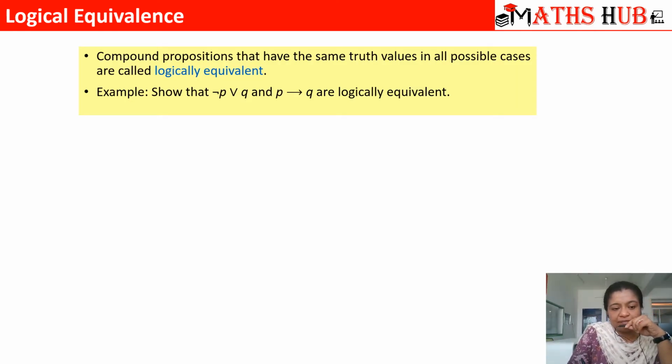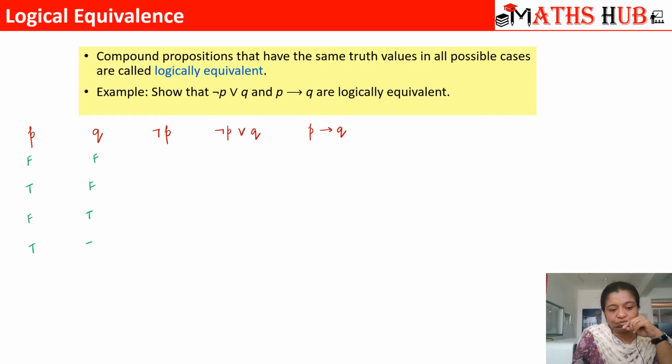So for both the statements, what are the requirements? We require P, we require Q, we require negation P, we require negation P or Q, and we require P implies Q, right? Now both the statements can be false, one of them can be true and the other false, or both the statements can be true.